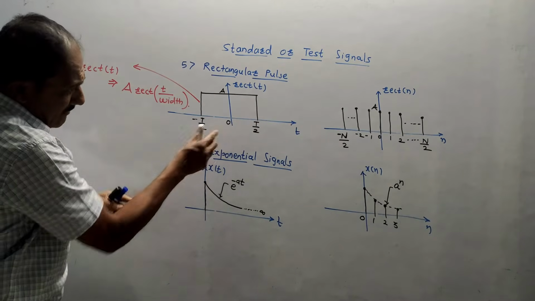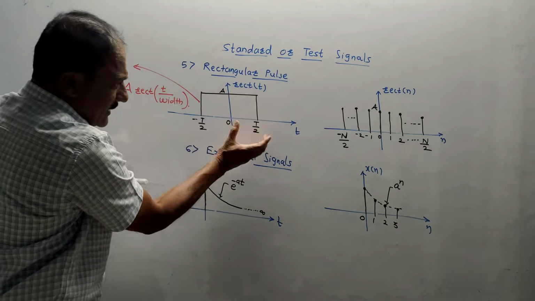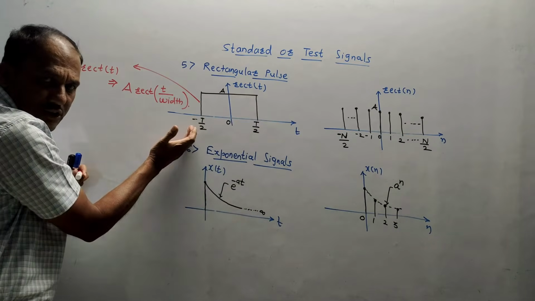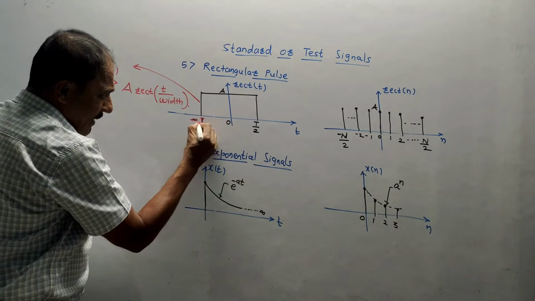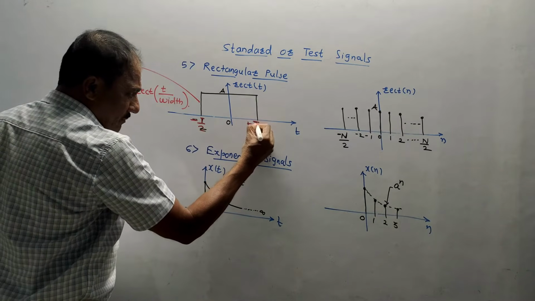Now look at this diagram. This diagram is symmetric, that means half the portion is on the positive side and the remaining half is on the negative side. So the width is from minus T by 2 to plus T by 2.